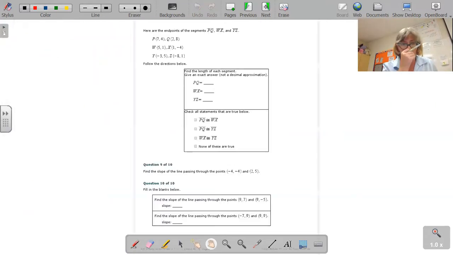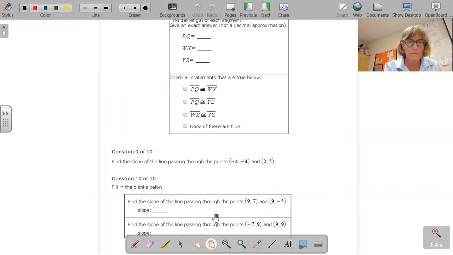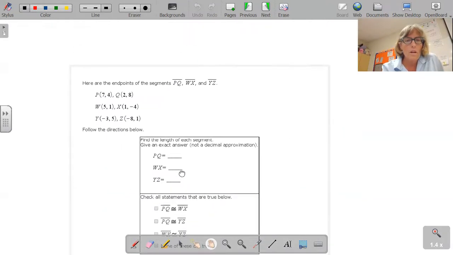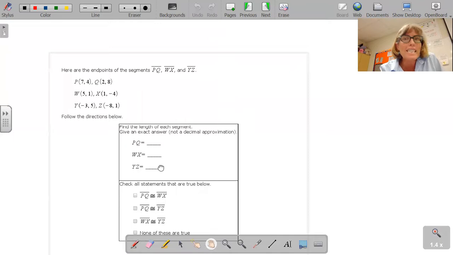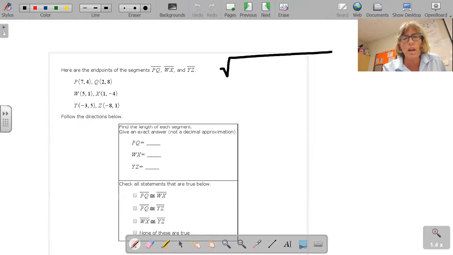Question 8. Here are the segment endpoints, which means here we're doing the distance equation 3 times. So PQ, I'm going to make a template first.